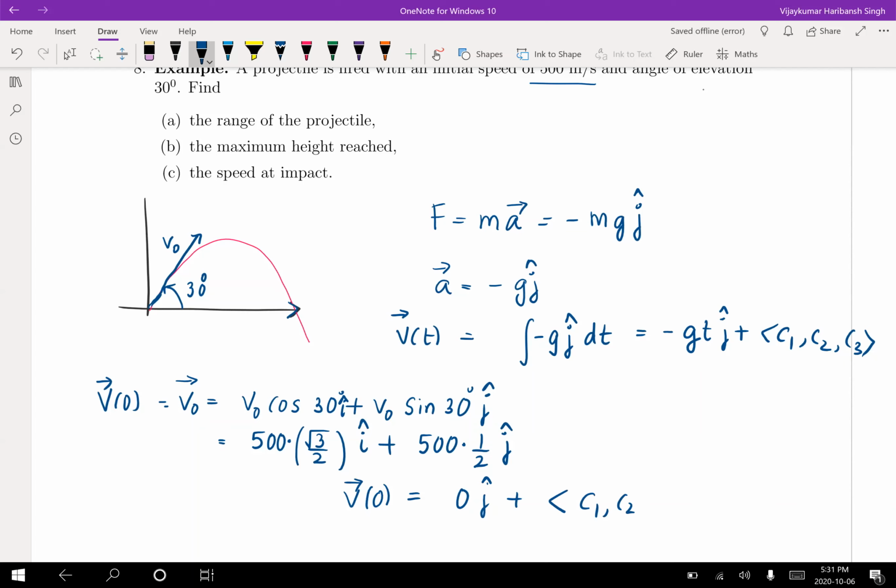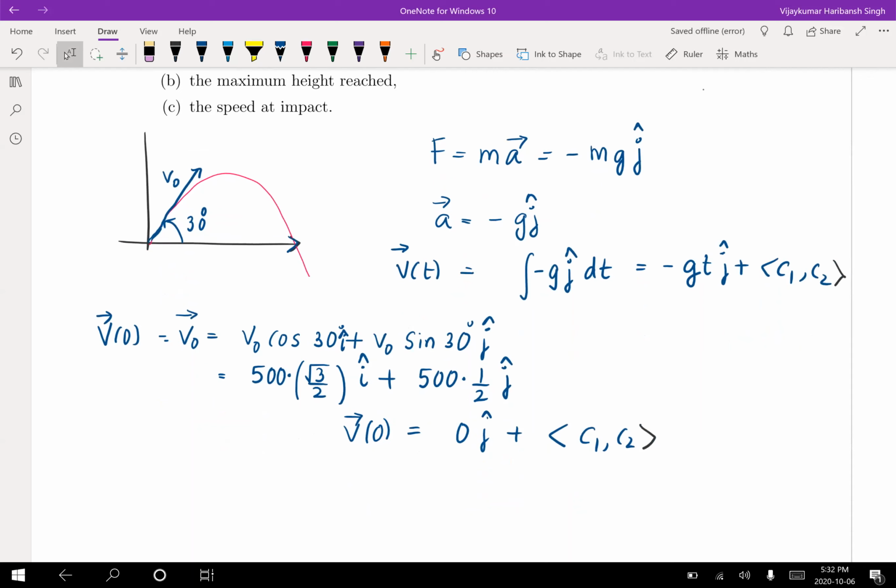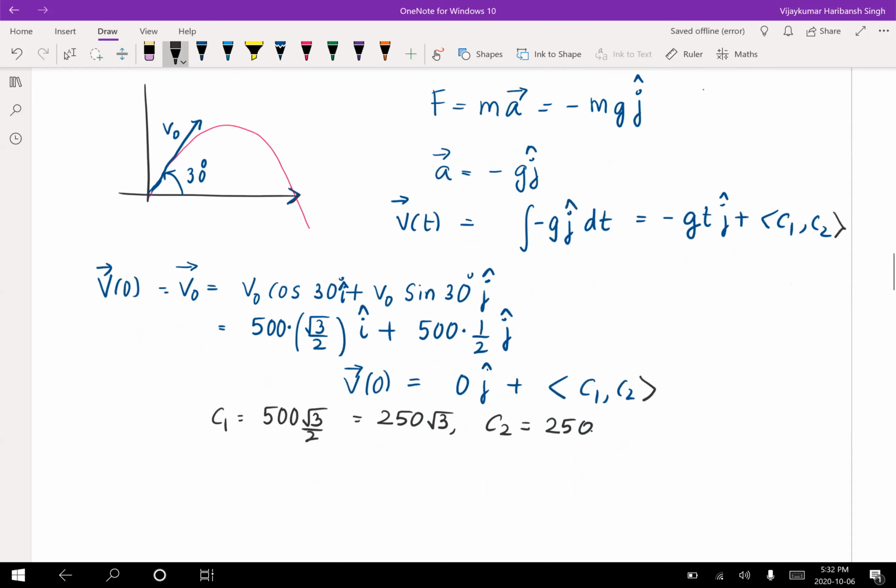And in this case, again, as we said, it's in the plane, so it's only going to be C1, C2. Therefore we get from there that C1 equals 500 times root 3 by 2, which can be written as 250 root 3, and C2 is 250. So now let's put that back.